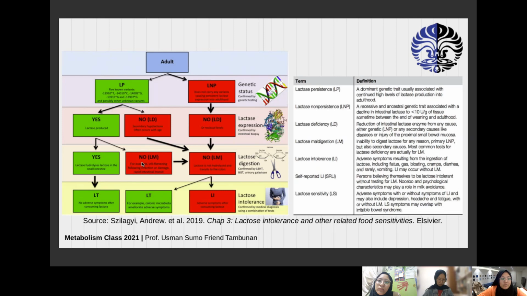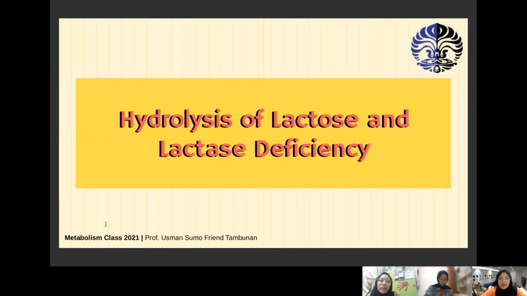However, if they are still producing lactase, it means the lactase can hydrolyze lactose in the small intestine, so they are lactose tolerant and there are no adverse symptoms after consuming lactose. Next will be presented by my friend.